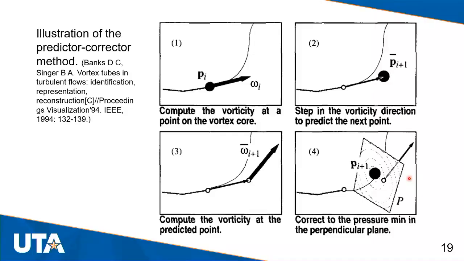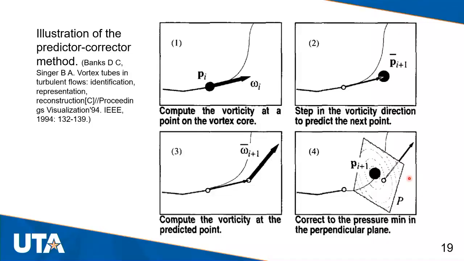At the next point, they create a plane perpendicular to the vorticity direction, but we create a plane perpendicular to the Liutex direction at that point. After that, they find the minimum pressure, but we find the maximum Liutex.